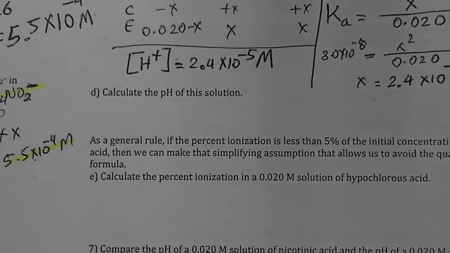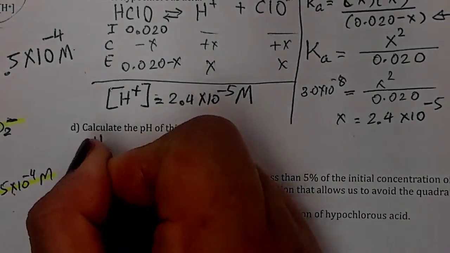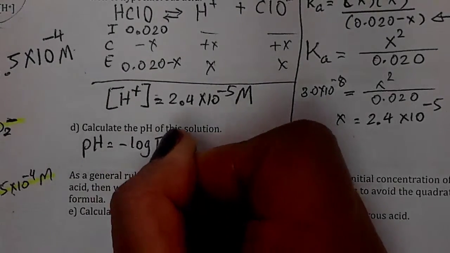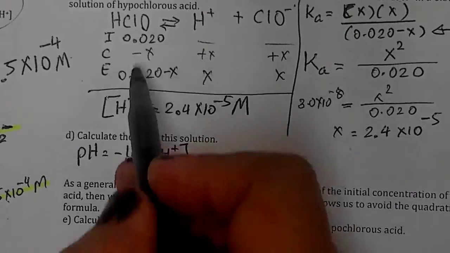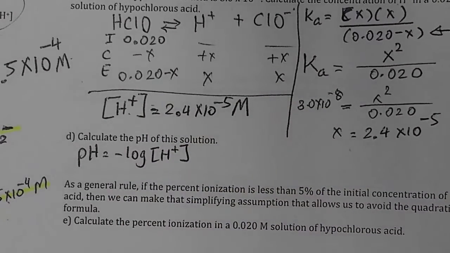How do we find pH? Easy. pH is equal to negative log. Nope, you can't do 14 minus, because do you have pOH? No. But you have an H plus. That's what you're going to do. Notice you have multiple equations. It depends on which one you use, so you have to be very, very careful.